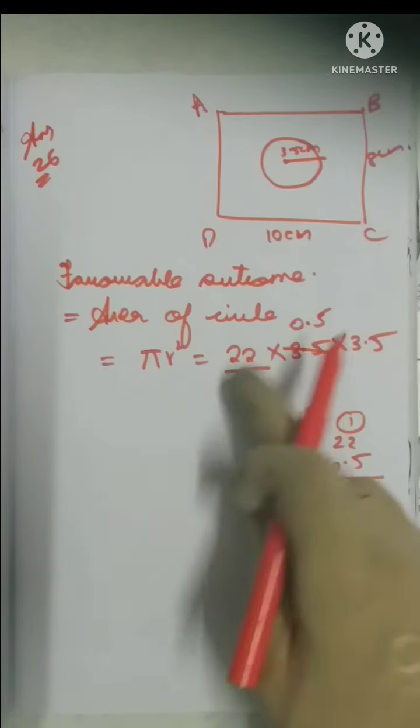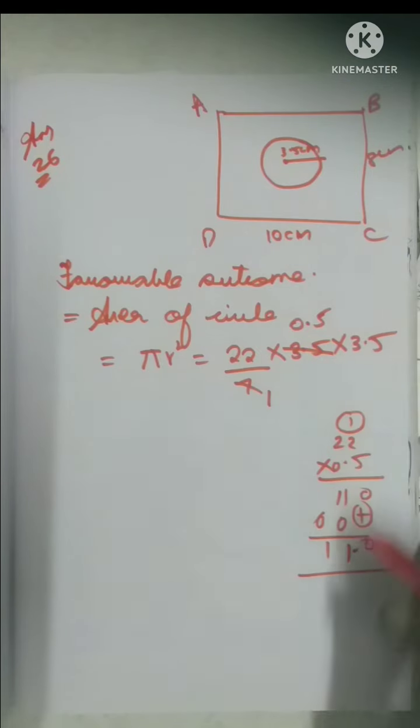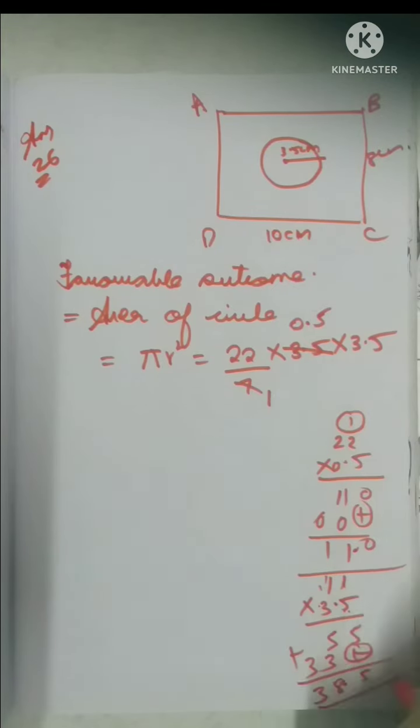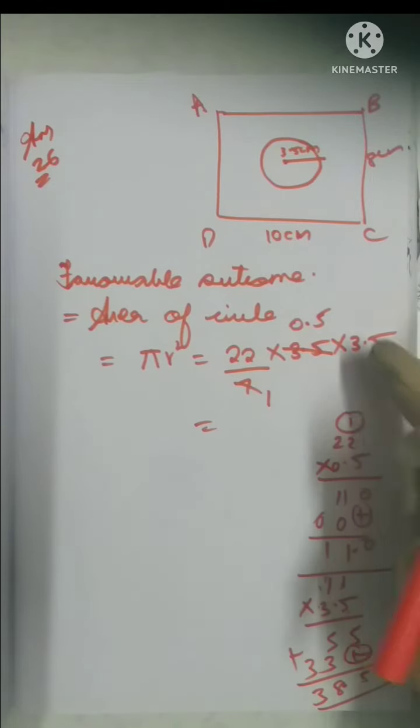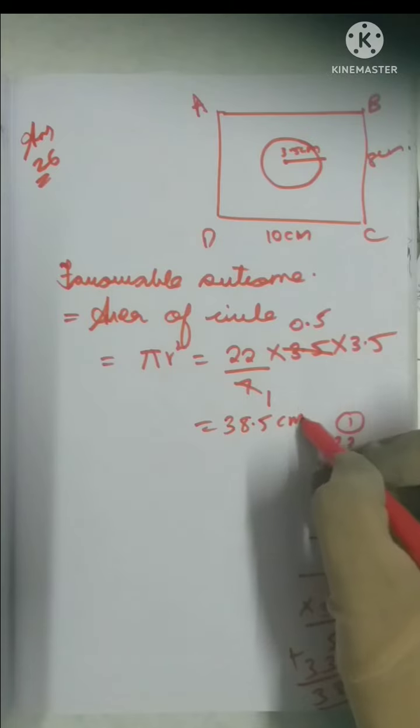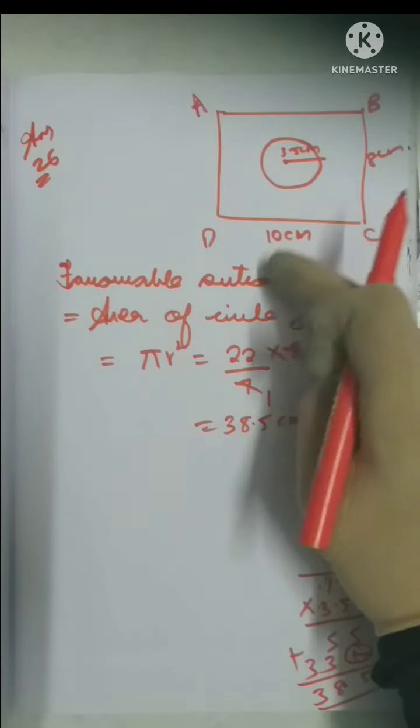So we got 22 into 0.5 is 11. Now multiply 11 into 3.5. 5 ones are 5, 3 ones are 3. 5 plus 3 is 8, 3 as it is. One decimal point we have here, so it will come. So we got 11 into 3.5 is 38.5. So we have area of circle is 38.5 centimeters square because it is given in terms of centimeter.